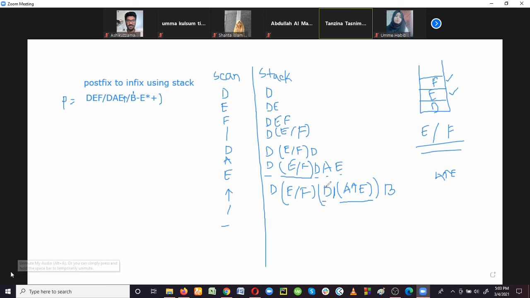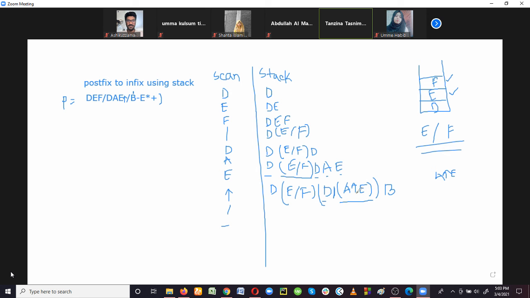But I think there is a mistake, since I didn't write all the operands here. Okay, let me just find it out. So our first data element was D, after that E, then F, and then we got this division operator, after that D, and then we got A, then E, then we got the exponentiation operator.